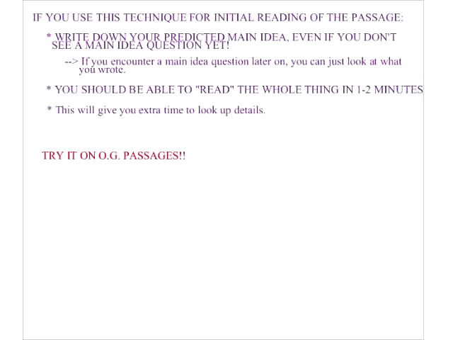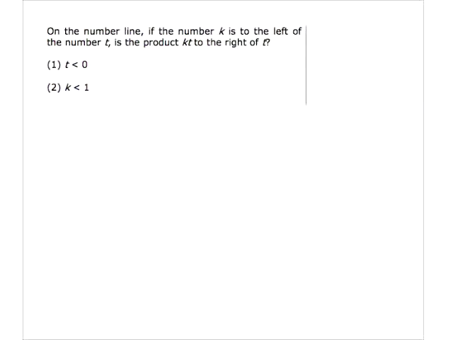Okay, try your hand at this problem. Switching gears. Try your hand at this. I'll give you maybe a minute 30, a minute 45. The problem's very short, so it shouldn't take that long. And please use the buttons to indicate an answer.